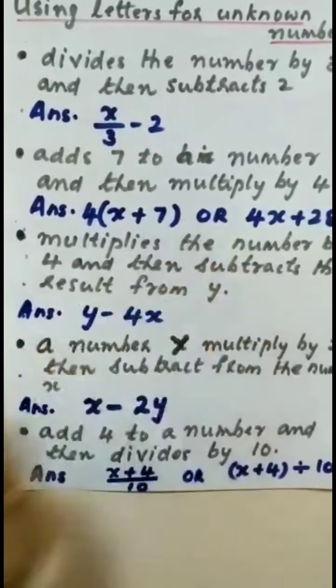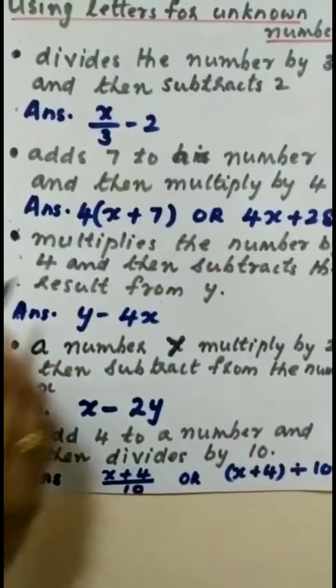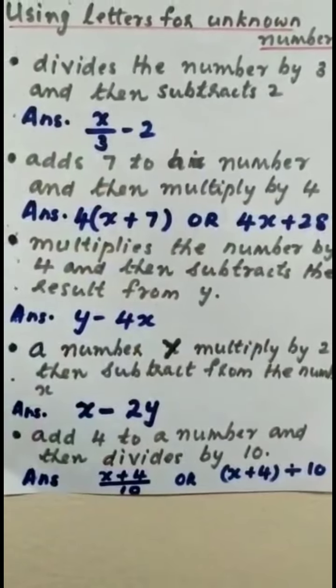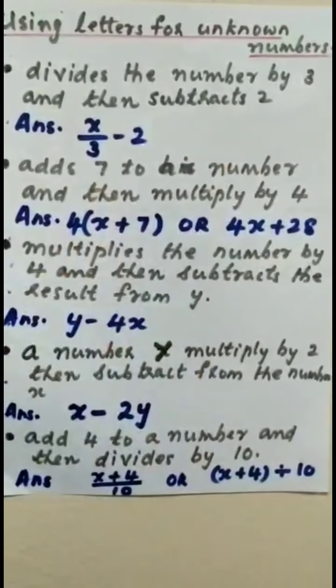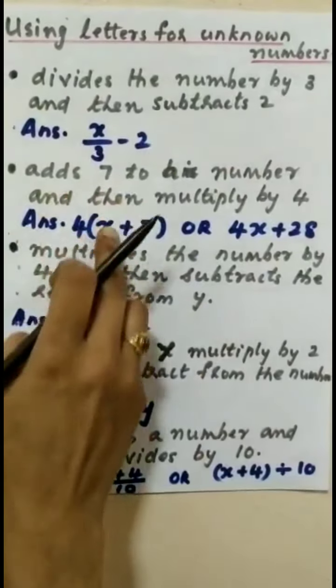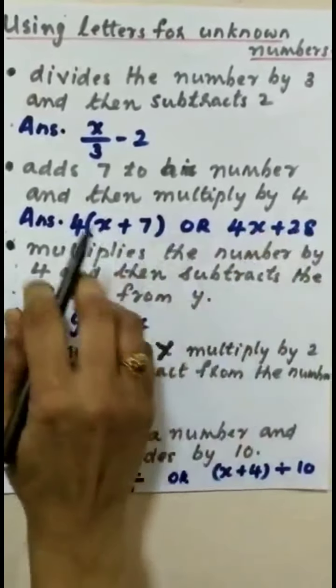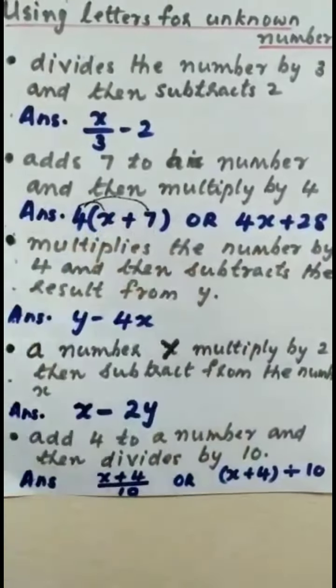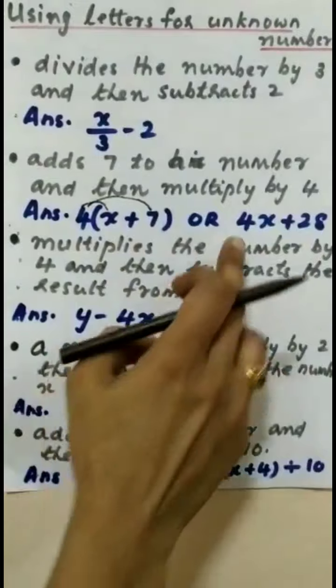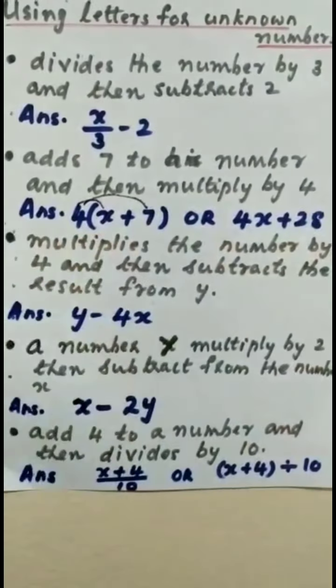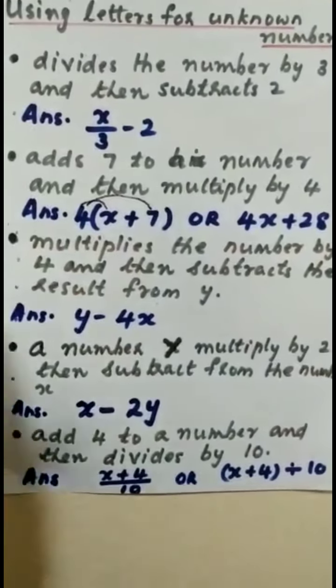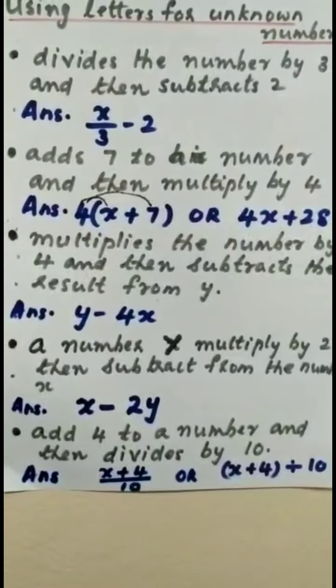Writing it without the bracket is not correct. So 4 bracket x plus 7, that is correct. For multiplication we can use the bracket, or we can expand it: 4x plus 4 into 7, 28. 4x plus 28 or 4 bracket x plus 7. This is the expression for this statement.